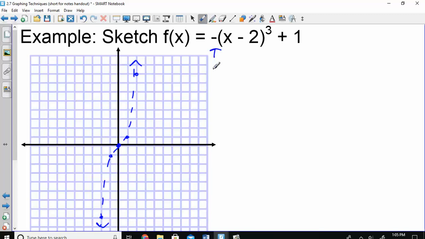What will the negative out in front do? It's like making your y's negative so it flips over the x axis. What's the -2 do? And the +1.